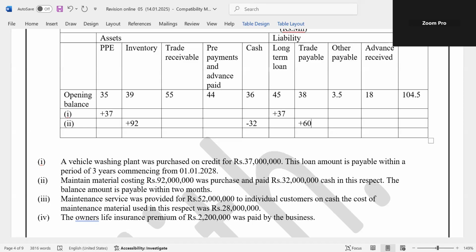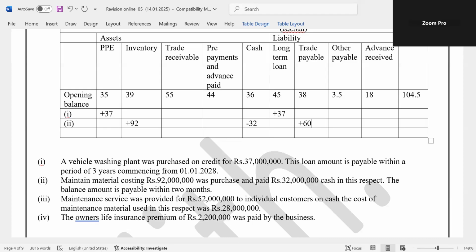The balance amount is payable within 2 months, so it is not yet paid. Therefore, trade payable increase 60.